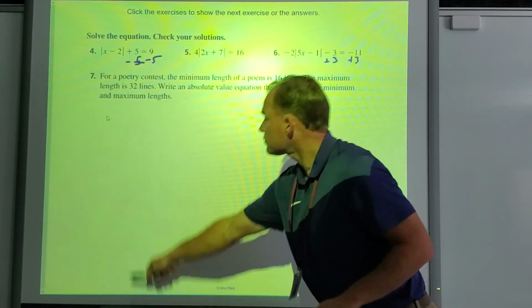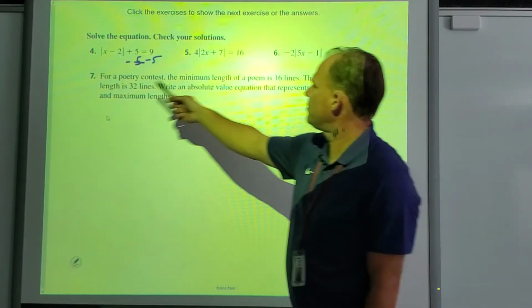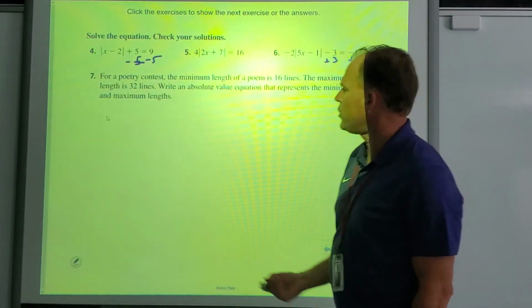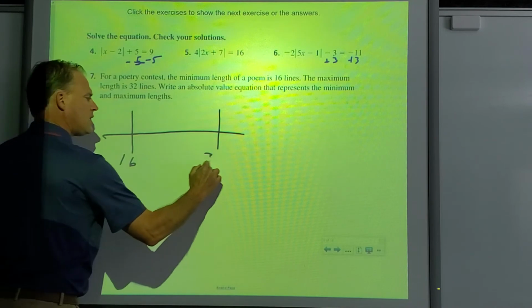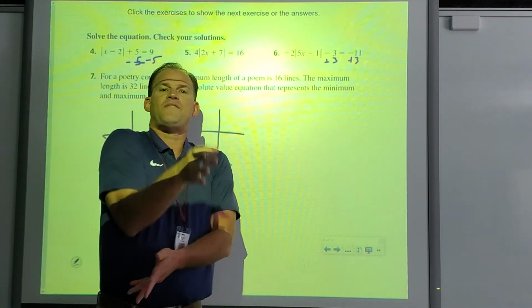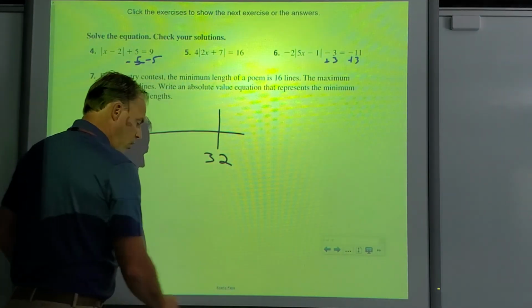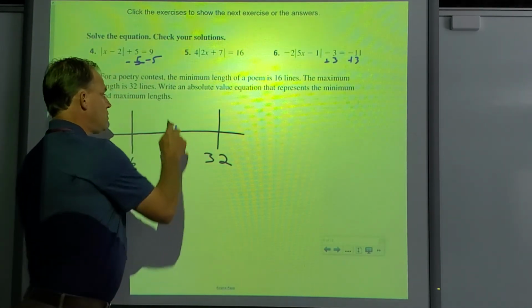So, poetry contest. Minimum length of this poem is 16, maximum length is 32. Write an absolute value equation. So, again, we are going from 16 to 32. That's my interval. Find the middle. What is the middle between 16 and 32? That's 24.